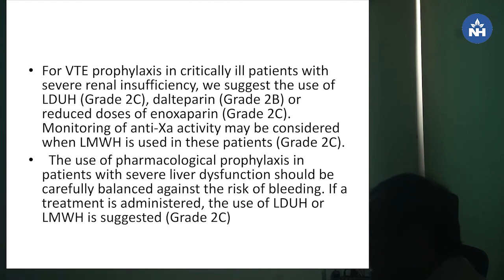Monitoring of anti-Xa activity may be considered when LMWH is used in these patients. The use of pharmacological prophylaxis in patients with severe liver dysfunction should be carefully balanced against the risk of bleeding. If treatment is administered, the use of LDUH or LMWH is suggested.